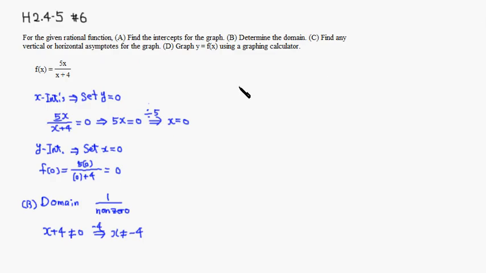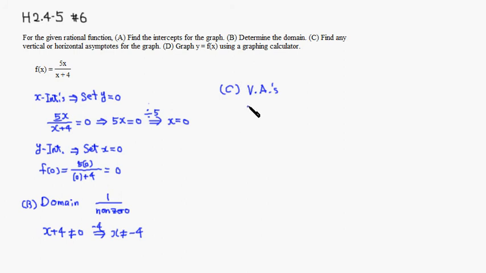If you want to find a vertical asymptote, the first step is to make sure that if you have a common factor on top and bottom, you cancel them out first. In this case, there's no common factor between the numerator and denominator, so we can just set the denominator equal to 0.